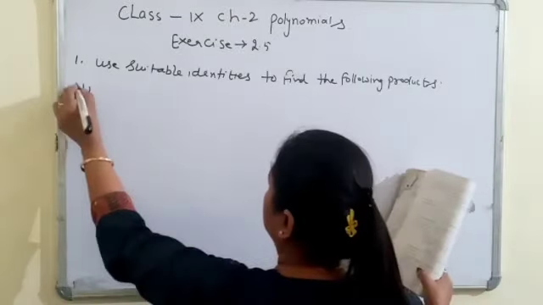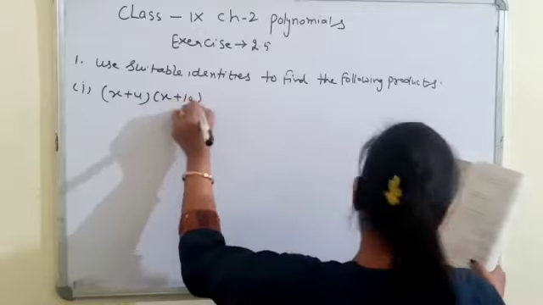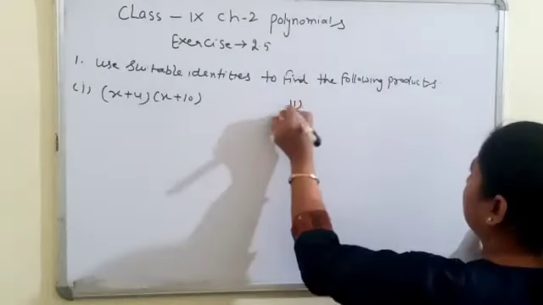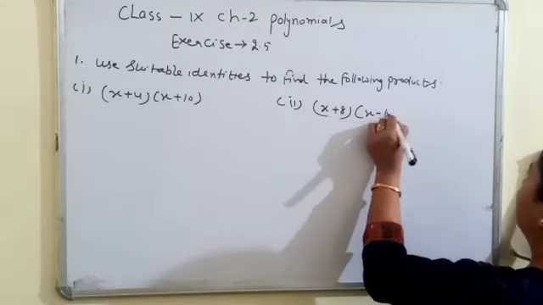First is (x plus 4)(x plus 10). Second, (x plus 8)(x minus 10).